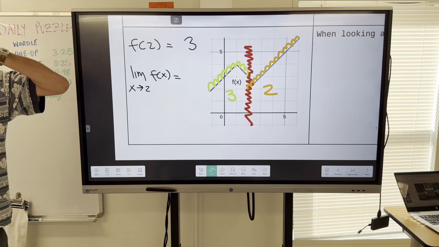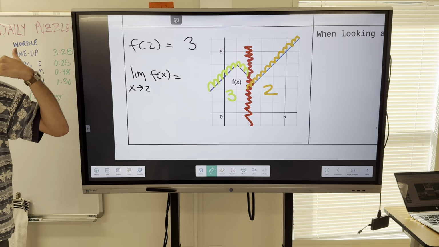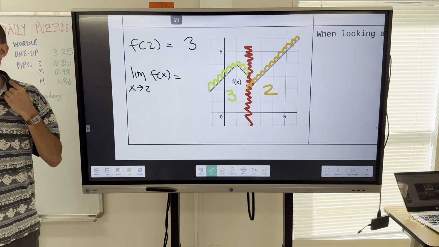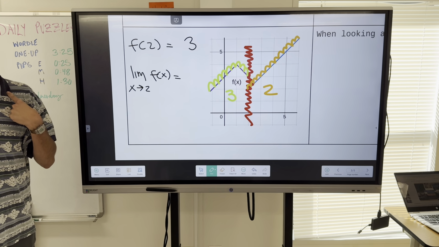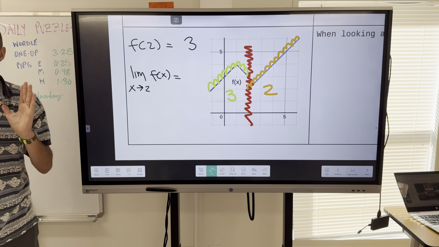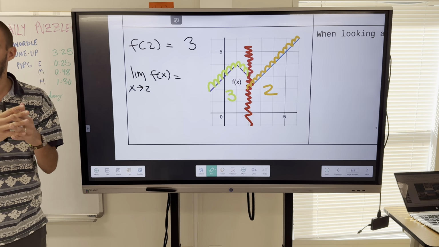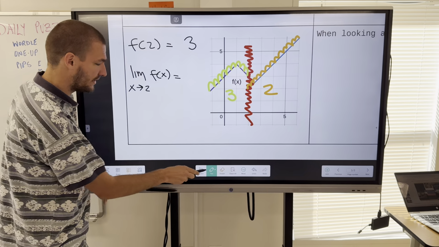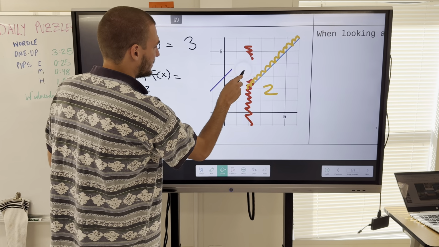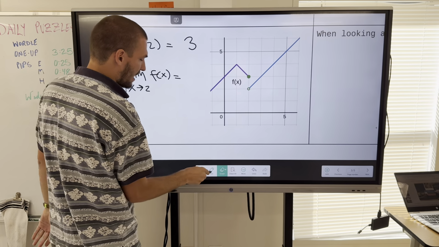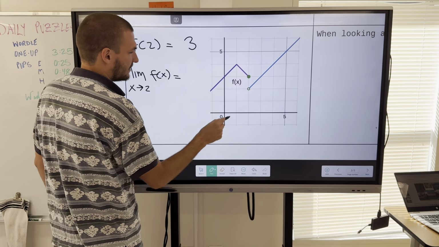We have 2 sides of our brain, and in fact, for this question, making a prediction isn't making much sense. Remember, when it comes to limits, we do not care that the true value is 3. We don't care. It doesn't even exist. Truly, when we're doing limits, there is a giant red chasm of fire that is blocking our knowledge of this.